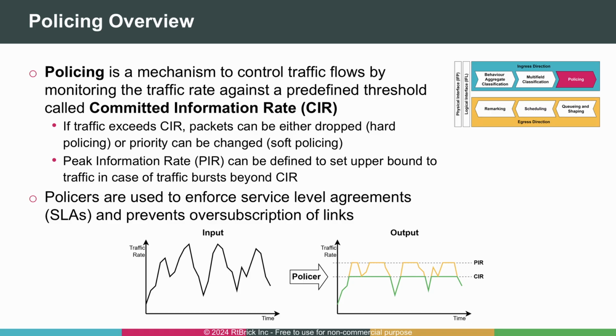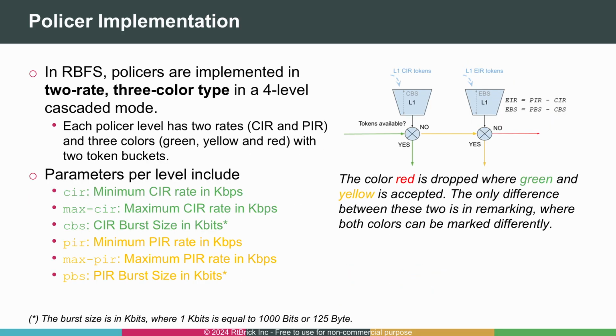If the customer tries to send more traffic, the policer drops the excess, ensuring that no more than the agreed bandwidth is used. In RBFS, policers are implemented as 2-rate, 3-color meters, as defined in RFC 2698. These meters operate in a 4-level cascaded mode, which allows for more granular control of traffic at different levels of priority. We'll go into more detail about cascaded policing shortly.